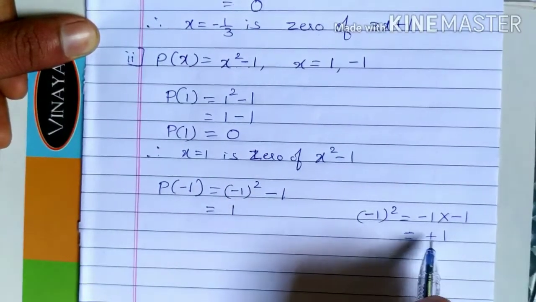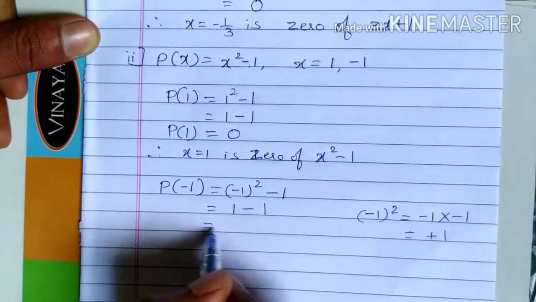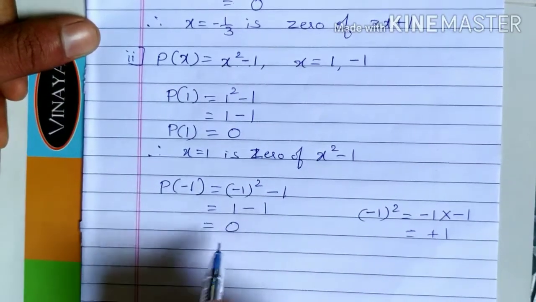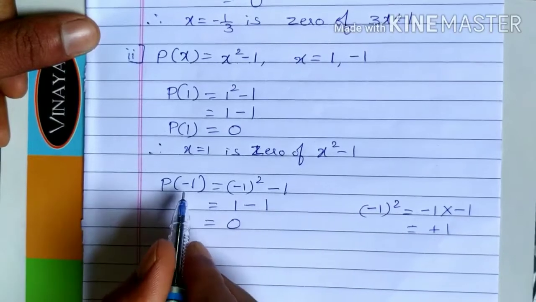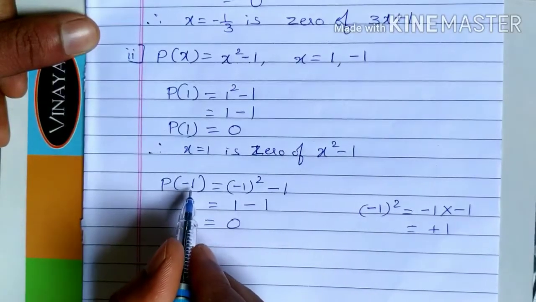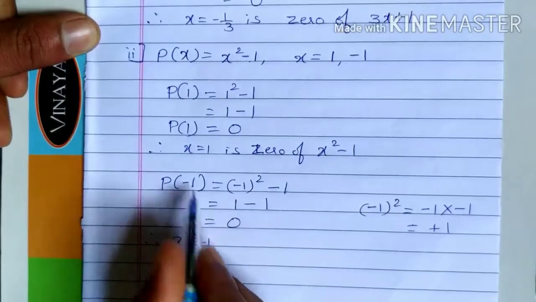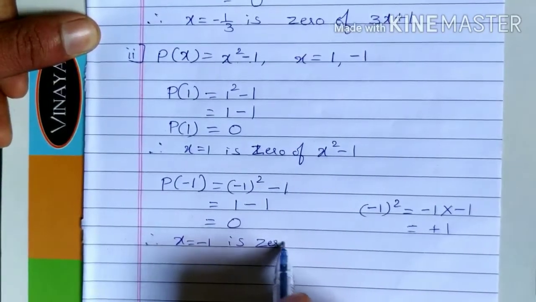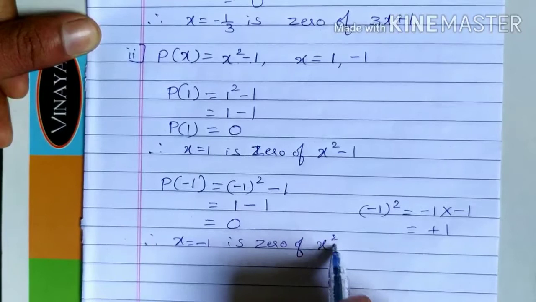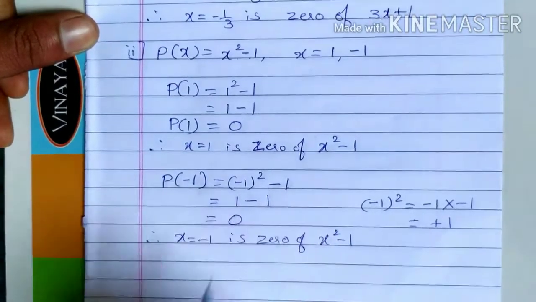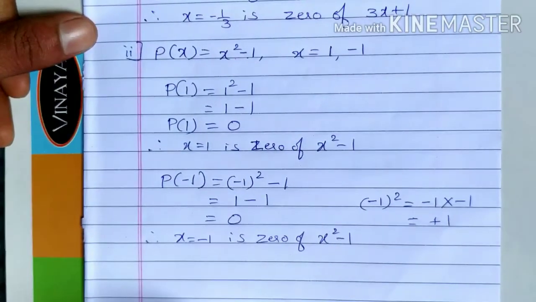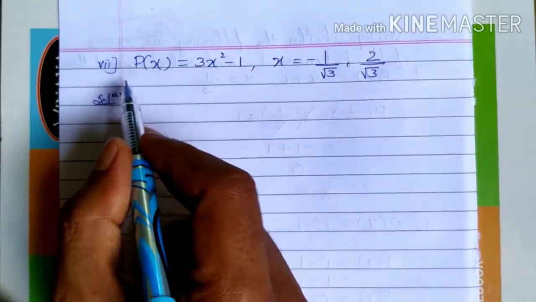Need not write plus. So 1 minus 1 is 0. So again the answer is 0 when we substituted minus 1. Therefore we can conclude, x is equal to minus 1 is also 0 of x square minus 1. Okay, so this is how we solve the given problem. We shall discuss the next problem.